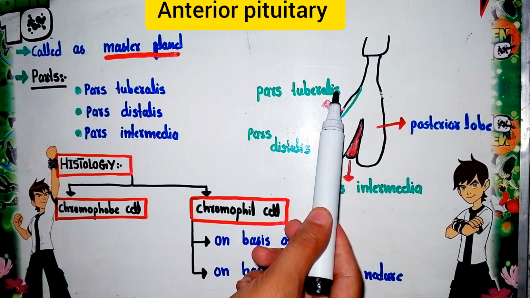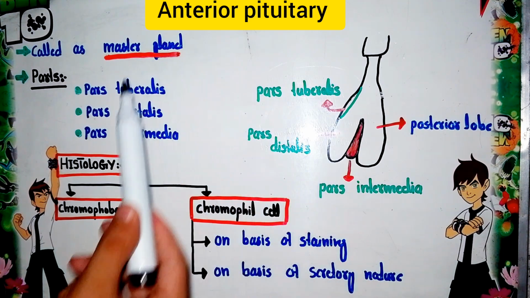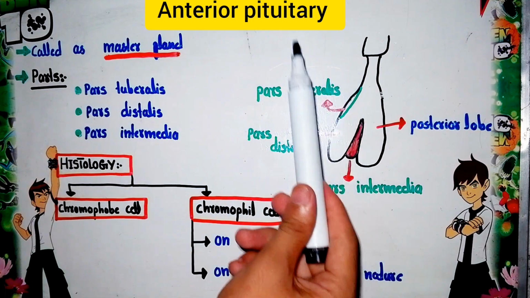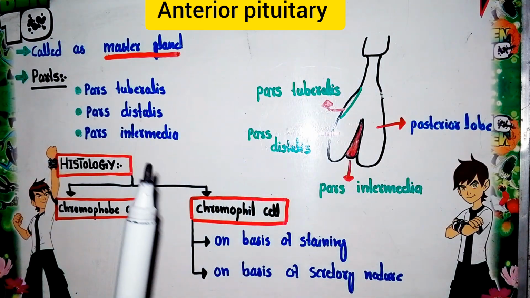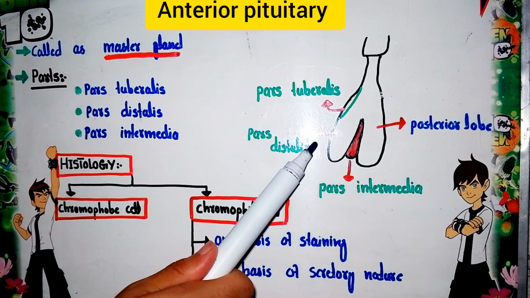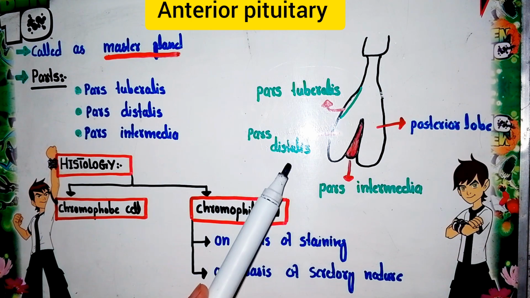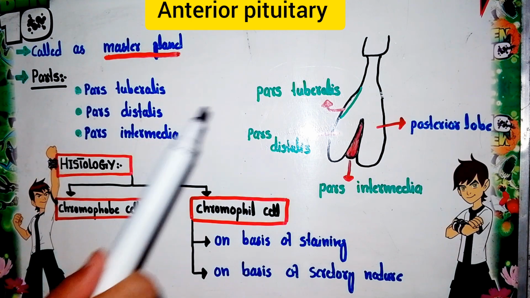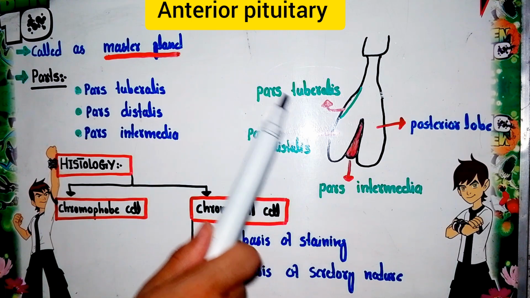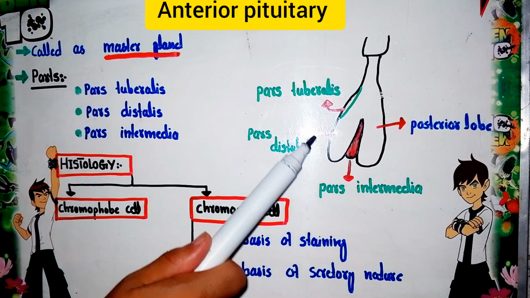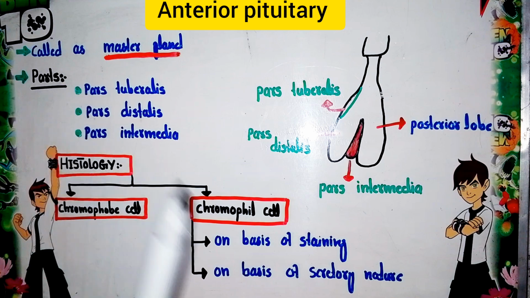This is a sheet-like part of the anterior pituitary which mainly surrounds the stalk of the pituitary gland. The second one is the pars distalis. It is the largest part of the anterior pituitary, and here most of the hormone production occurs. You can say that the pars distalis is the main body of the anterior pituitary.